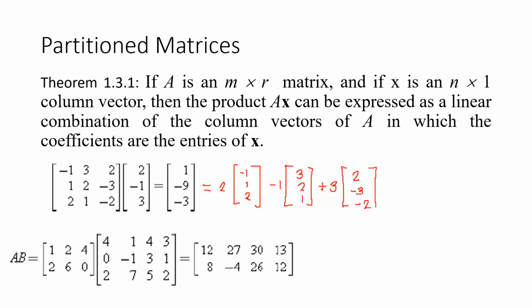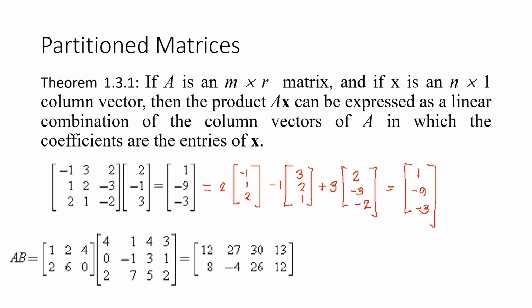So the 2, negative 1, 3 is actually this one, which is equal to 1, negative 9, negative 3.